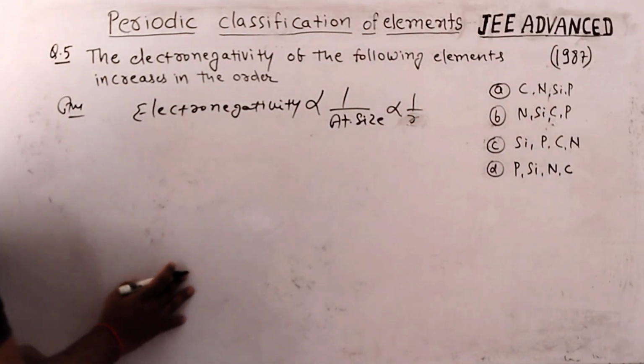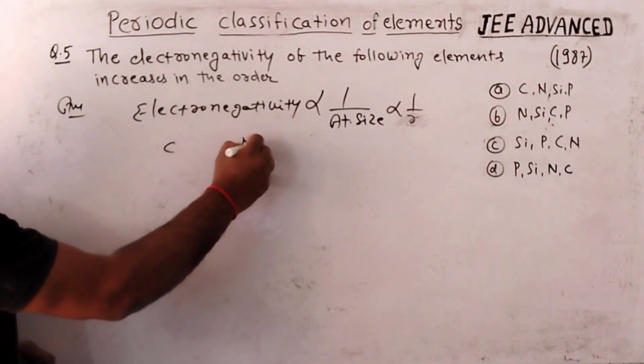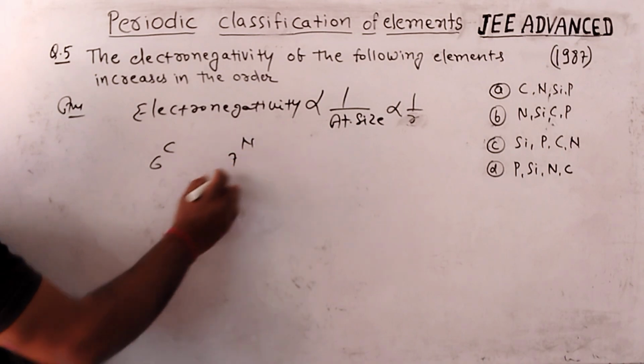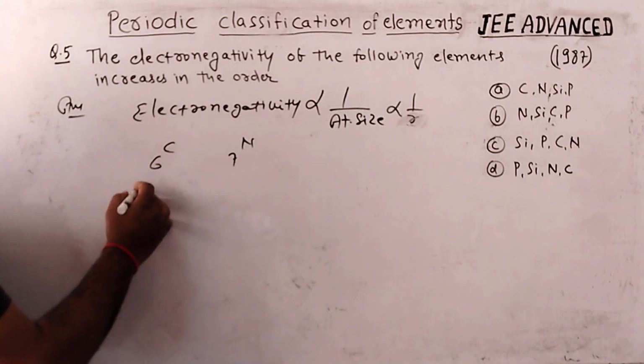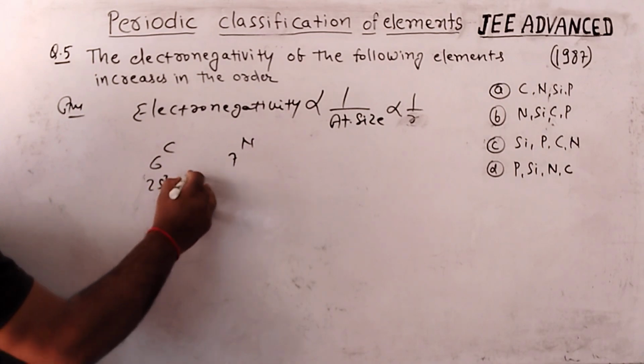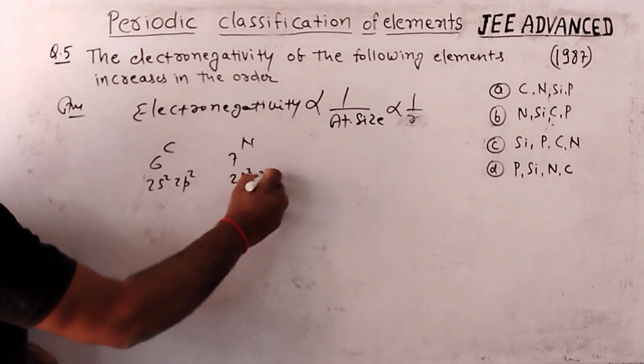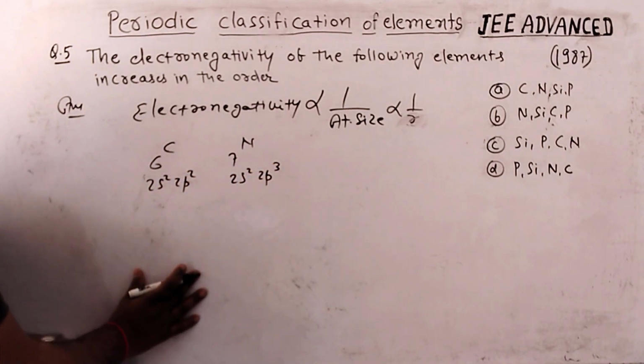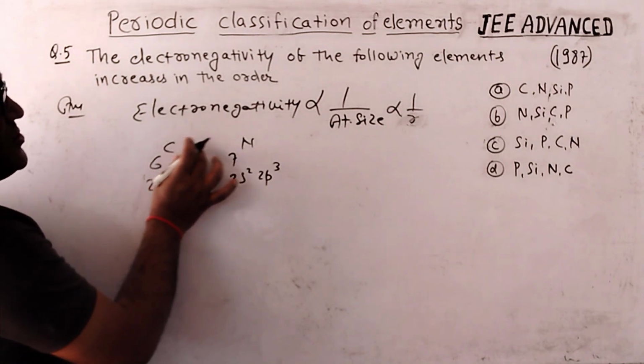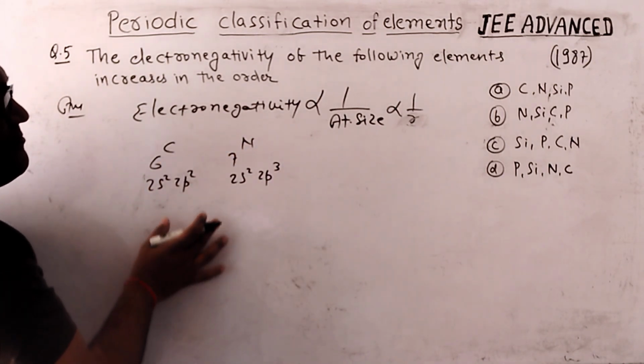Now in the case of carbon and nitrogen, atomic numbers 6 and 7 respectively, the last shell electronic configuration is 2s2 2p2 and 2s2 2p3. These 2 elements are members of period number 2.